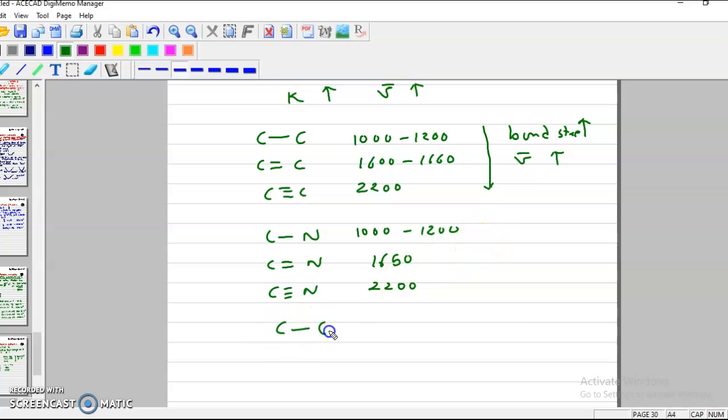Similarly, C single bond O at 1000 to 1300, and if there is C double bond O, which will be at 1700. So this shows that as K increases or bond strength increases, frequency also increases. So these two factors are related to physical chemistry, that is force constant and reduced mass.